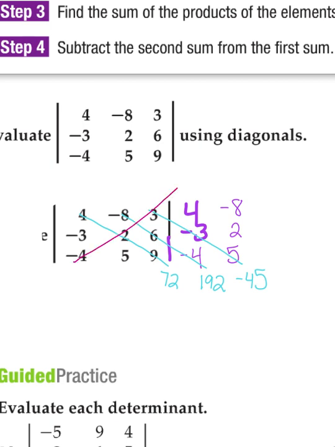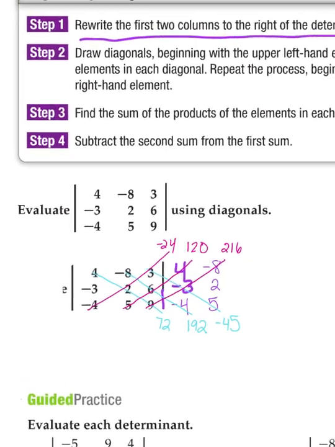So -4, 2, 3. Multiplying those, you get -24. Then 5 times 6 times 4 gets us 120. And then 9 times -3 times -8, that's going to get you 216.